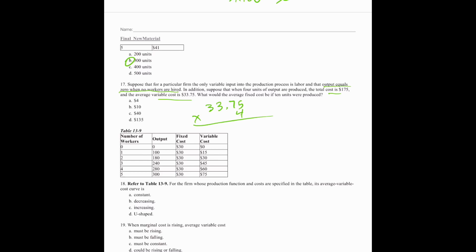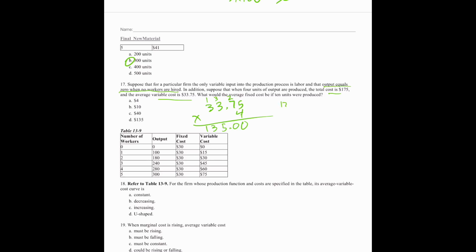So 4 times 5 is 20, that's 0, carry the 2. 4 times 7 is 28, plus 2 is 30, that's 0, carry the 3. 4 times 3 is 12, plus 3 is 15, carry the 1, 135. So then our total variable costs are going to be $135, which means we can find our total fixed costs.